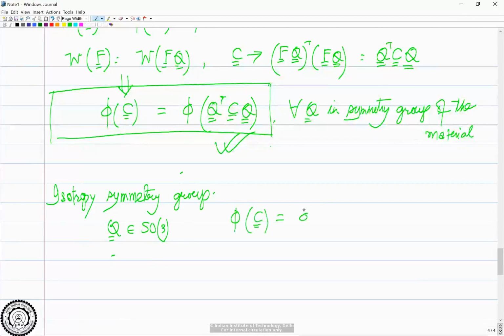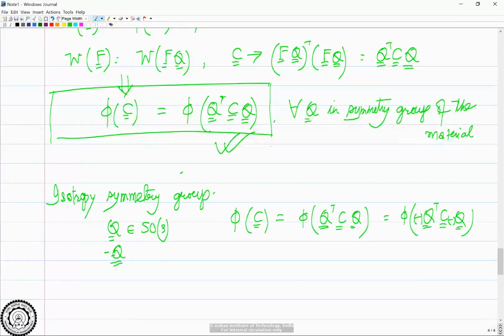Phi of C equals phi of Q transpose C Q. Now this would also be equal to phi of minus Q transpose C minus Q, isn't it? You can put two minuses and you get the same thing. So this means it holds not only for Q but also for minus Q.